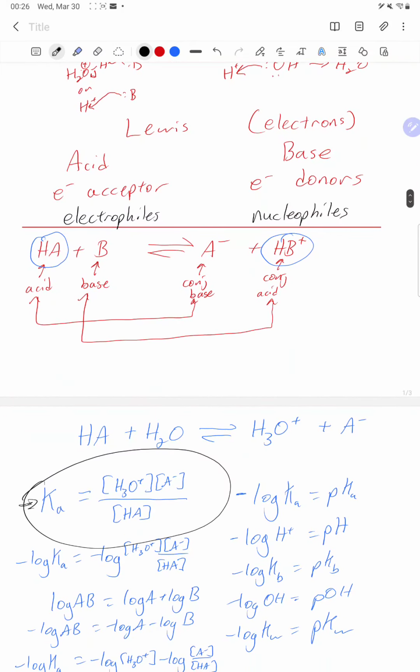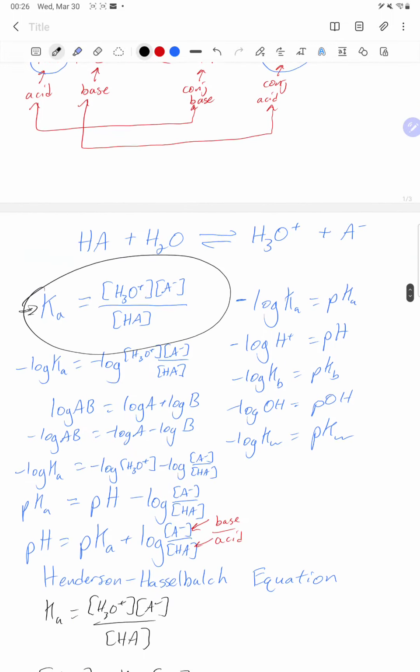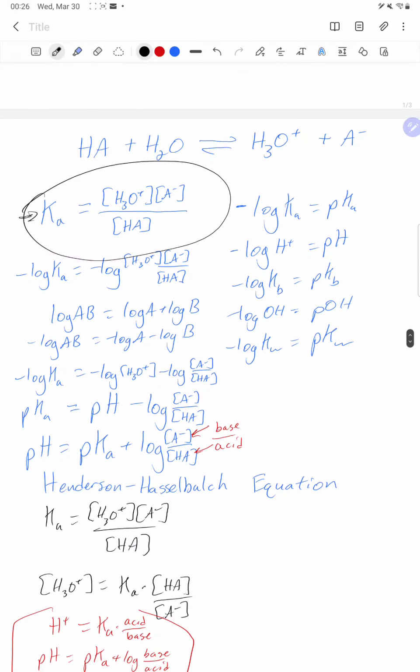Okay, so then we wrote out an expression here showing how acids become their conjugate base and bases become their conjugate acids. Here was an acid dissociation expression, and then showing its equilibrium constant Ka, as well as a bunch of derivations on the right side that you kind of need to know. Negative log of something is the p of it.